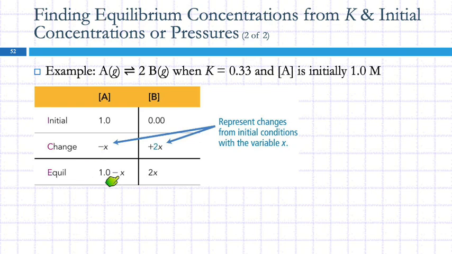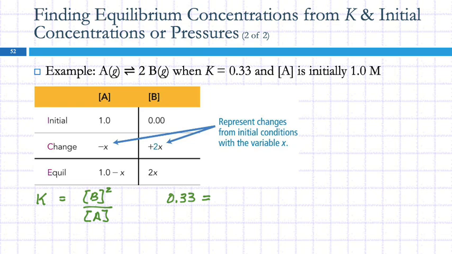So we've got 1 minus X and 0 plus 2X. And now we need our equilibrium constant expression. So K is equal to B squared over A. We know what the equilibrium constant is. It's 0.33.